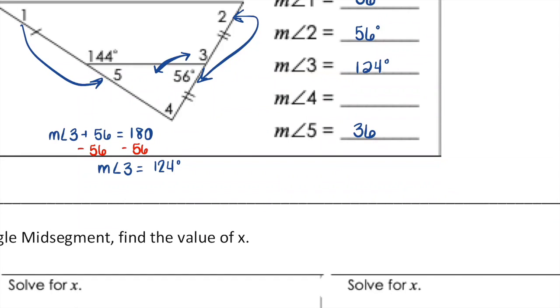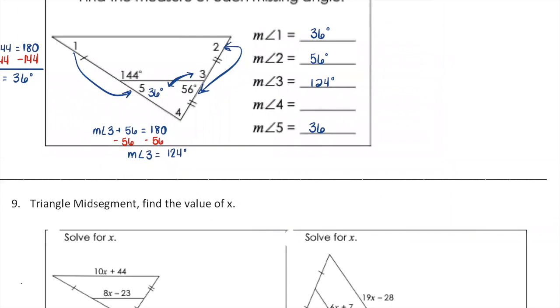Okay. So, well, what's 5? 36. So we can just do the triangle sum theorem. So the measure of 4 plus 36 plus 56 equals 180. Triangle sum theorem.